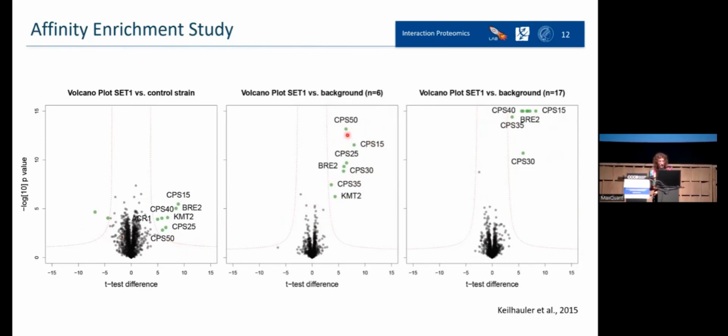We can say with certainty that this CPS50 is a very specific binder, while before it was in this area of the graph and maybe we were not very sure how trustworthy this result was. Then if we go up to a background with 17 other experiments, you see this graph is not big enough to show where these proteins are. So we are really sure now that those are specific binders.